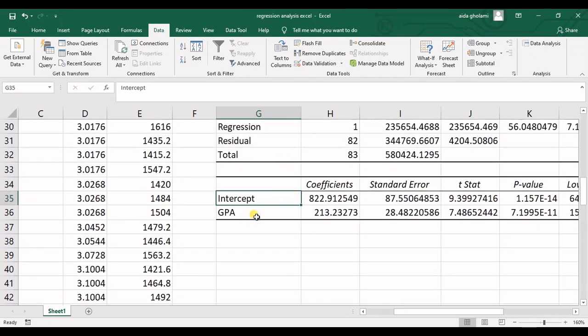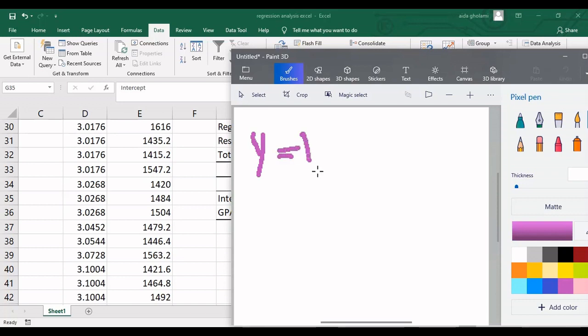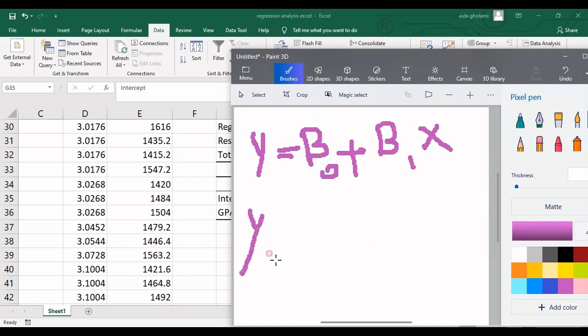And there is a coefficient for GPA. So we can have just these two data, and we can have the regression formula. What we will do is that, so we know that y equals beta 0 plus beta 1 multiplied by x. So in here we have beta 0 as intercept.